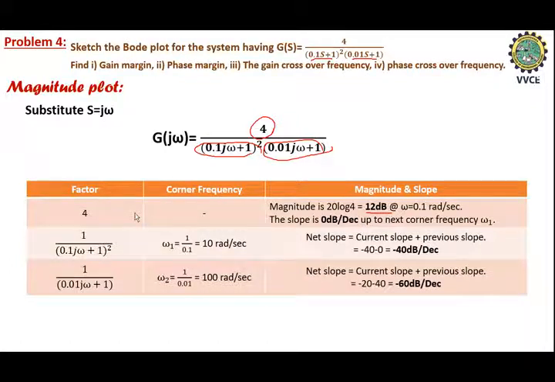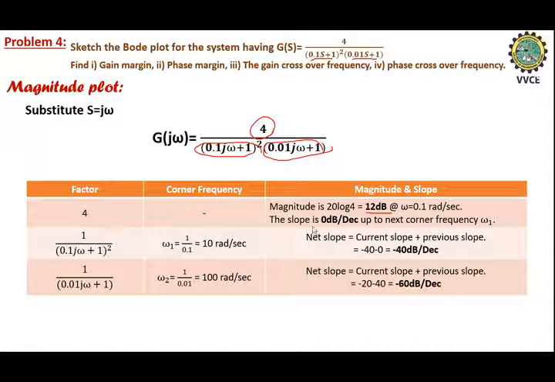And how to find the slope for this? If j omega is present in the numerator, then it would be plus 20 dB per decade. If it is 1 divided by j omega, then it would be minus 20 dB per decade. Here there is no j omega, no root at the origin, so there will be no slope for the constant value.